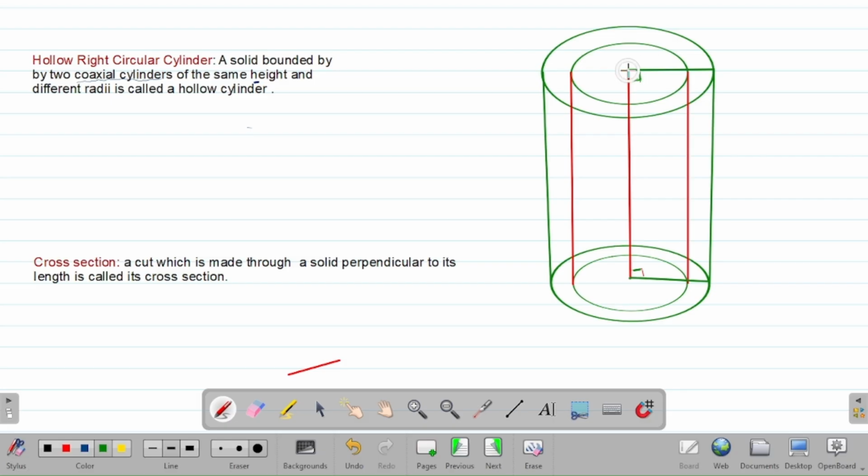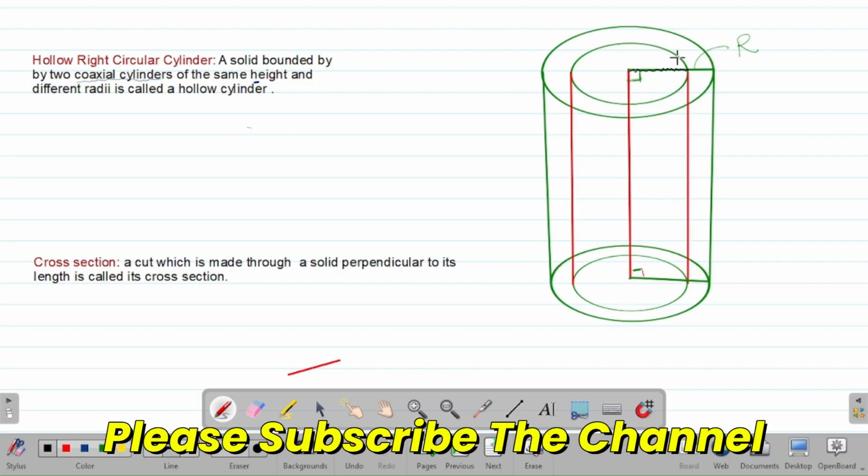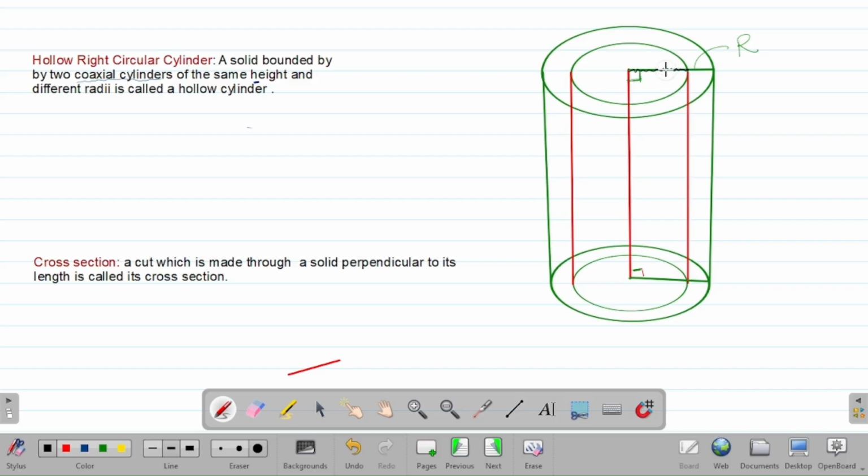The distance from this point to the outer edge is the radius of the outer cylinder, which we define by capital R. And the distance from this point to the edge of the hollow surface is also the radius of the hollow circular surface.